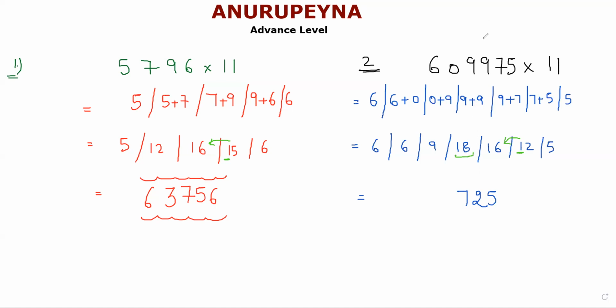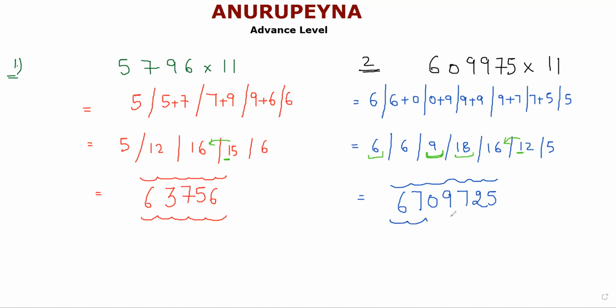In 18, when you add 1, it would become 19. And then 1 of 19 to be carried over to 9, this 9 that I'm highlighting right now. And then 9 and 1 would become 10. So you keep 0 of 10, and then 1 to be carried over to 6. 6 and 1 would become 7, and there is no carryover now. So the last 6 would be as it is.